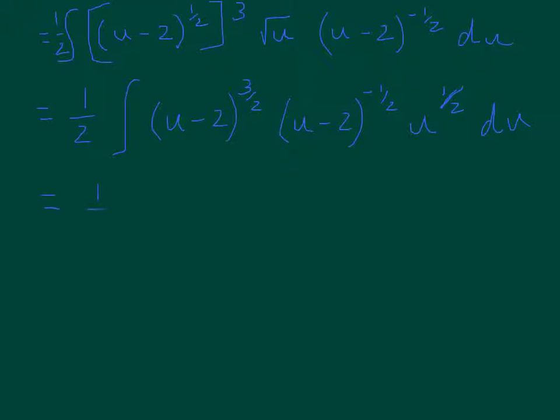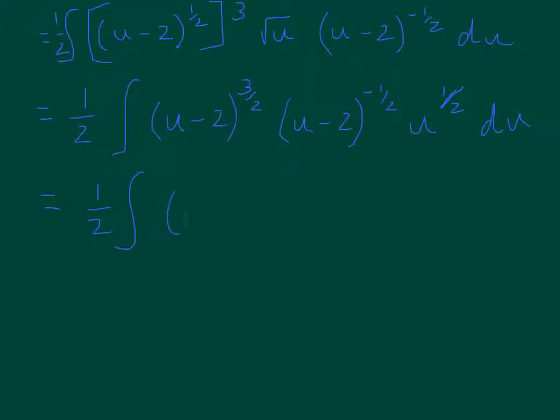So we're going to have 1/2. Now, when we multiply and the bases are the same with these two sets of parentheses, one of them is raised to a positive 3/2 and the other to a negative 1/2, so we add the exponents. Adding positive 3/2 and negative 1/2 makes positive 2/2, which is 1.